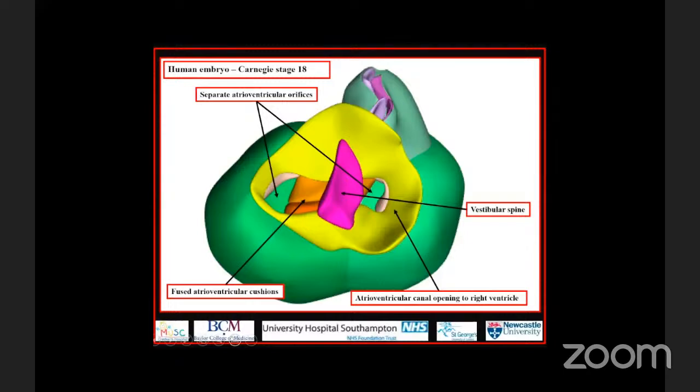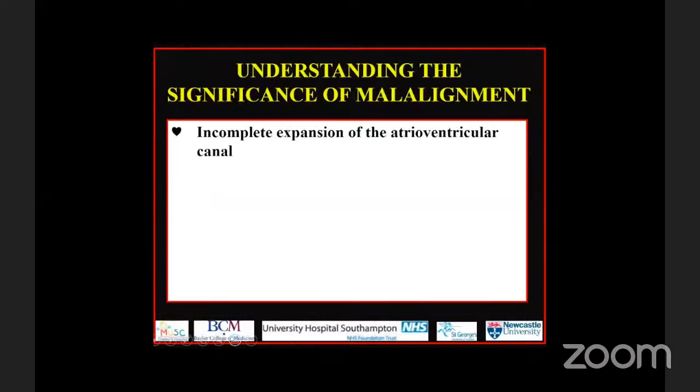So that is what happens if there is normal expansion of the atrioventricular junction, giving the right ventricle its own inlet. But we need to stop for a little while, because that expansion is not always complete.